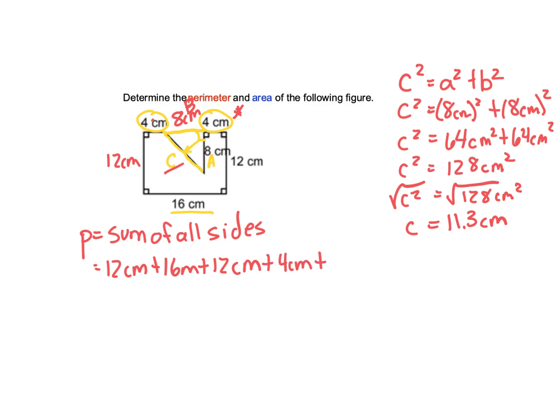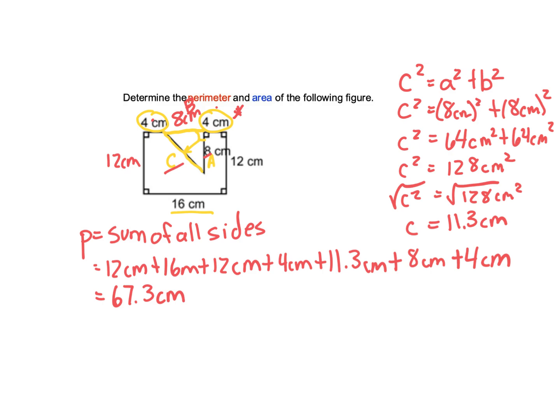We now have the 11 and 3/10 centimeters that we found using the theorem, and then the 8 here, and the 4 at the very top as we've gone all the way around. When we add that all up, we end up with 67 and 3/10 centimeters. So that's our perimeter. Now the area is a little bit different.